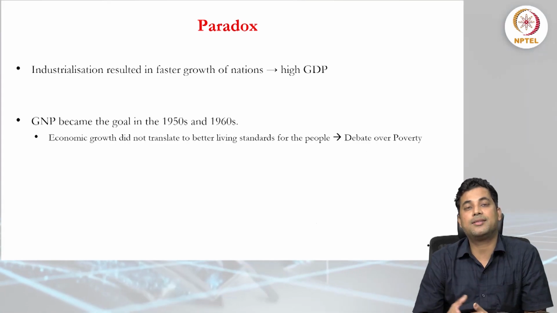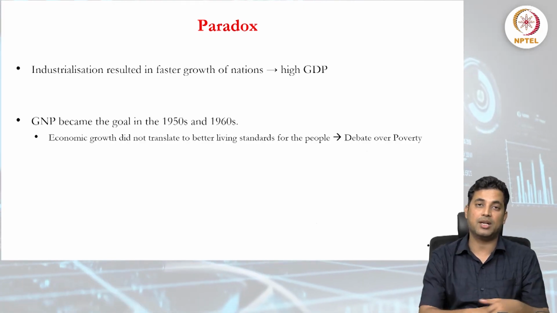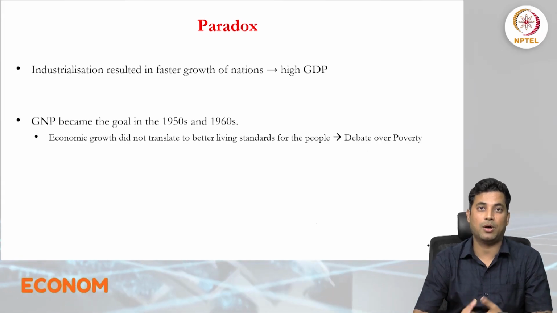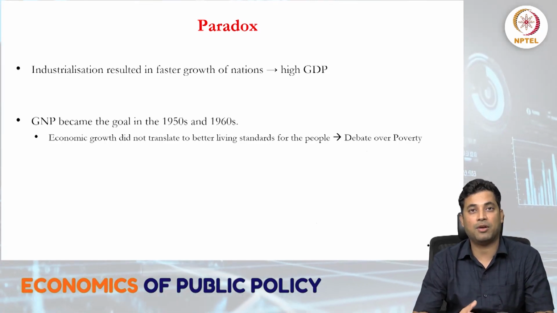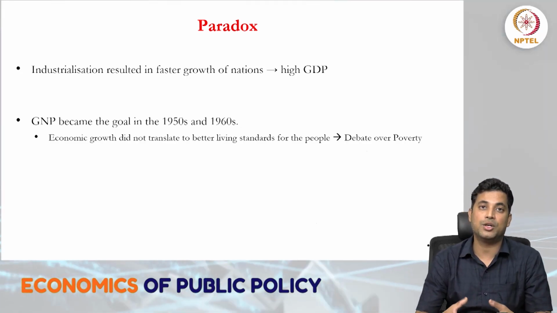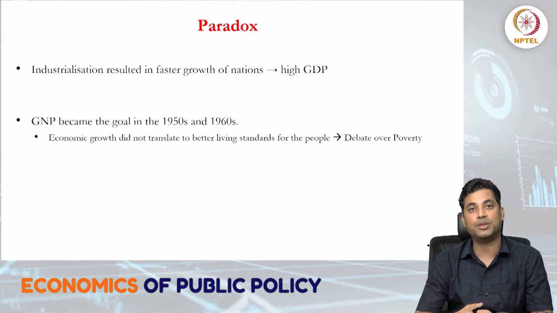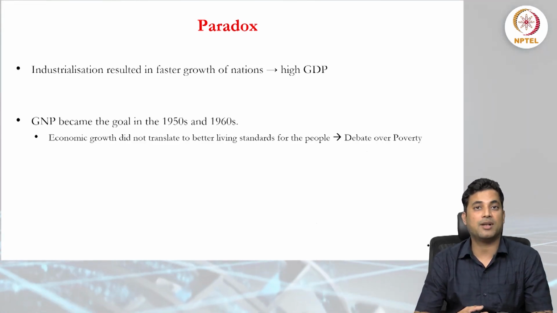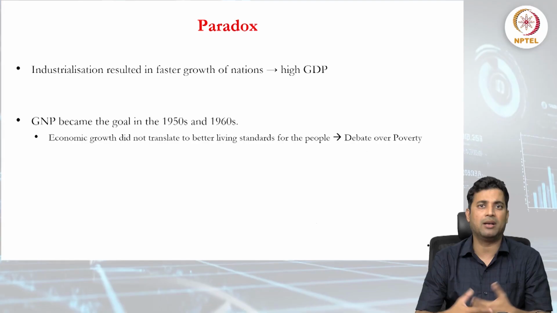Therefore this can be seen as a paradox, and it leads to the debate over poverty, especially from the 1990s onwards, along with the opening up of economies across the world. The Millennium Development Goals came in the 1990s, and that goal was to be achieved till 2015, and then from 2015, as we know, we have the Sustainable Development Goals in order to eradicate poverty and address hunger and inequality, as a bigger framework.